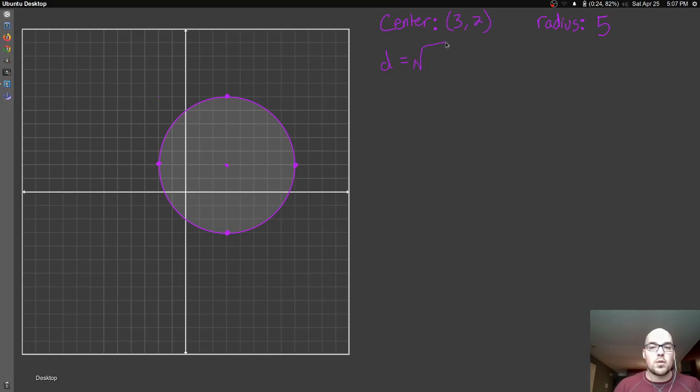The distance between any 2 points is the square root of x1 minus x2, or usually I gave it to you guys backwards because it just made the math a little bit easier, x2 minus x1 squared plus y2 minus y1 squared.